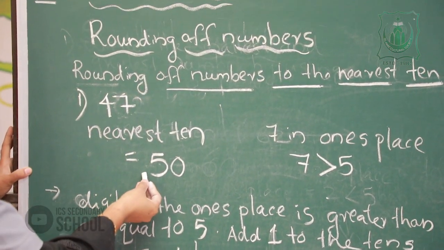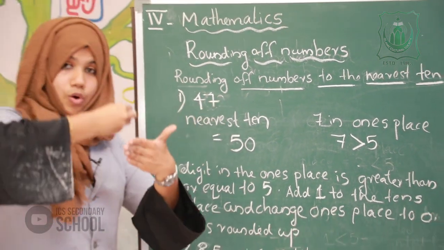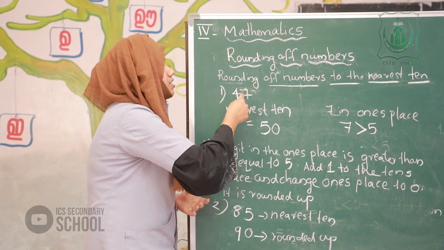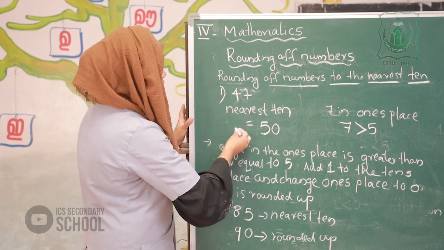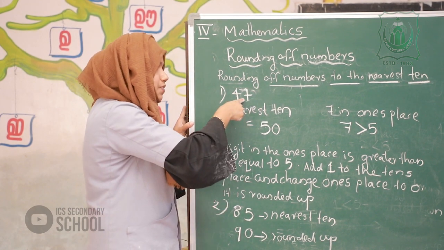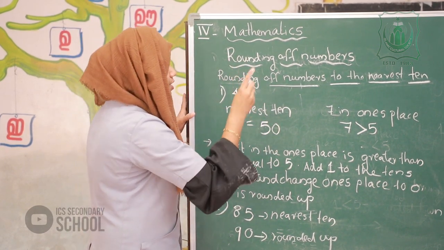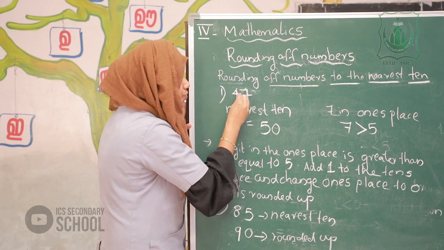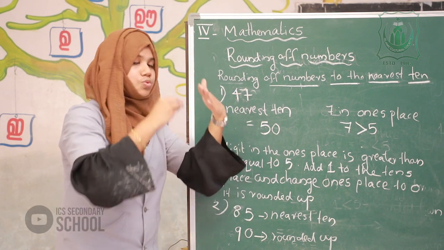So, what we learned previously: if the number in the ones place is smaller than 5, there is no change in the other places, only change the ones place to 0. In the case of the ones place being 5 or greater than 5, it is rounded up. That means add 1 to the tens number. If we add 1 to the 4, we get 5. Then change the ones place to 0.